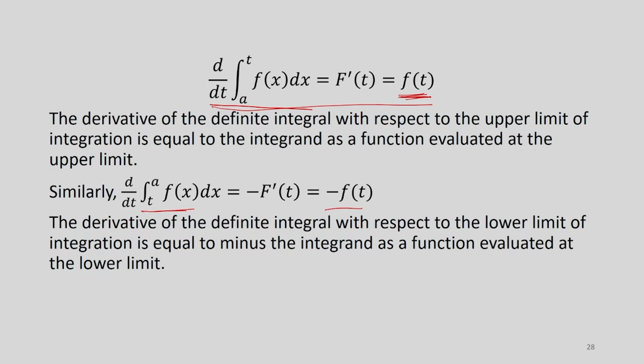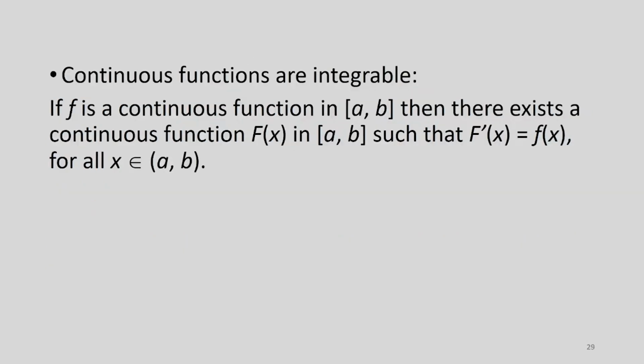The derivative of the definite integral with respect to the lower limit of integration is equal to minus the integrand as a function evaluated at the lower limit. Okay. These two properties might be used in some exercises.